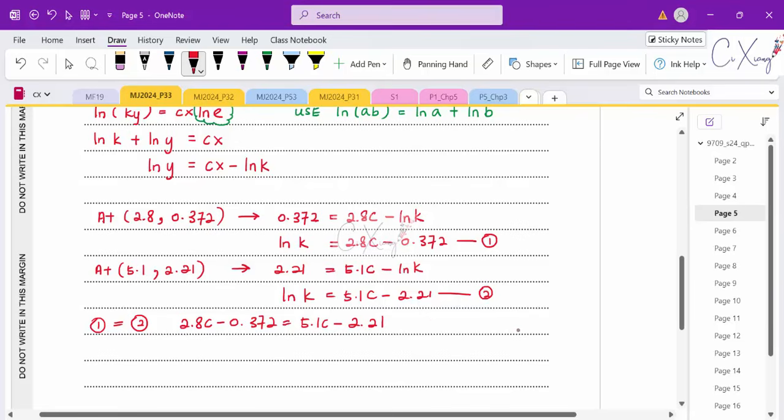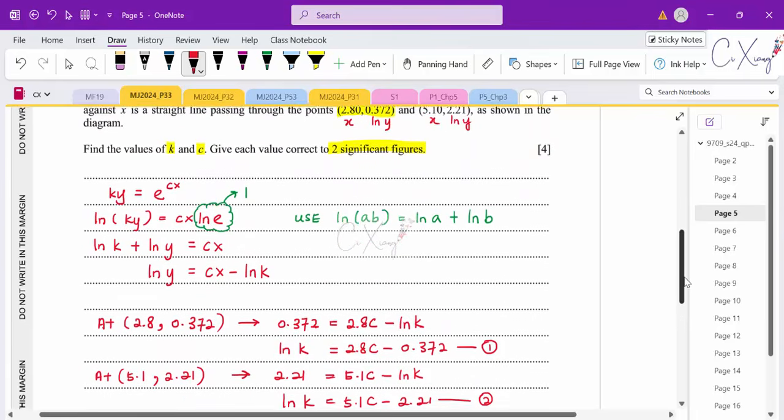Okay, try to group all the c on one side. I'll have 2.3c equals 1.383. And to get the value of c, I get a very long number. Okay, then for my final answer for c, I have to follow the question.